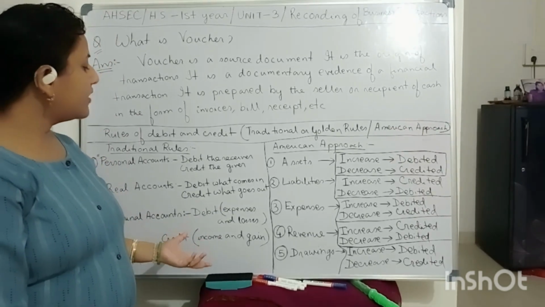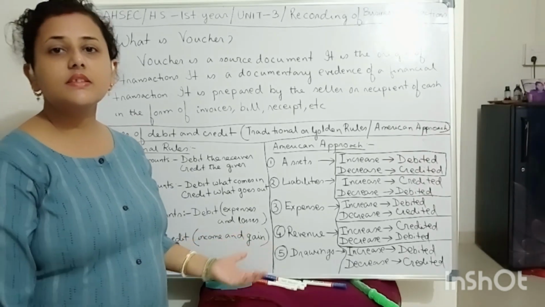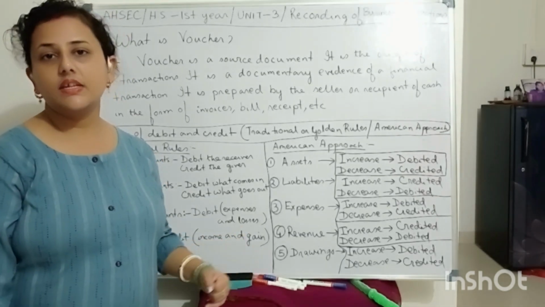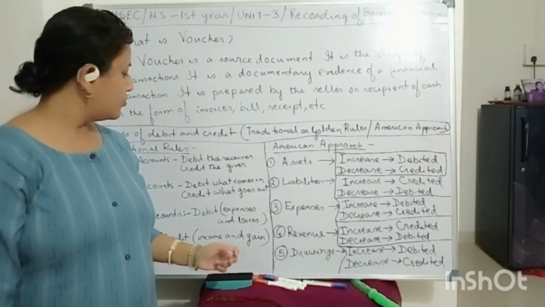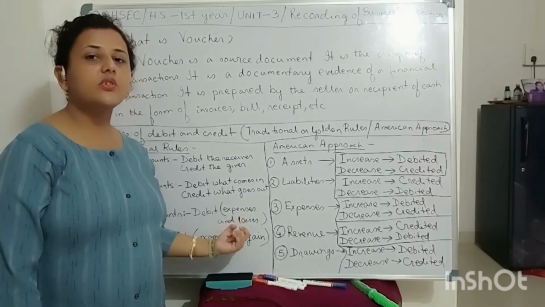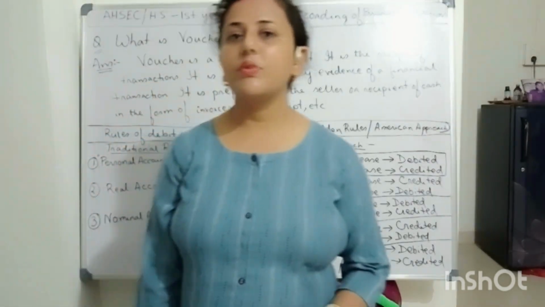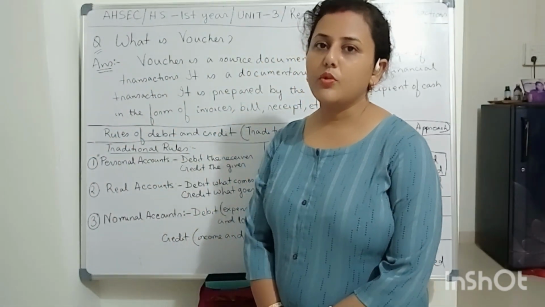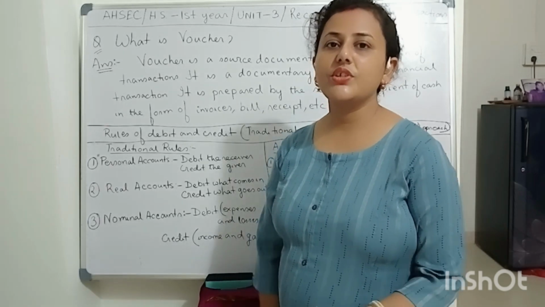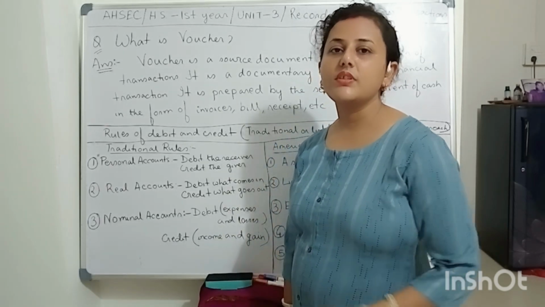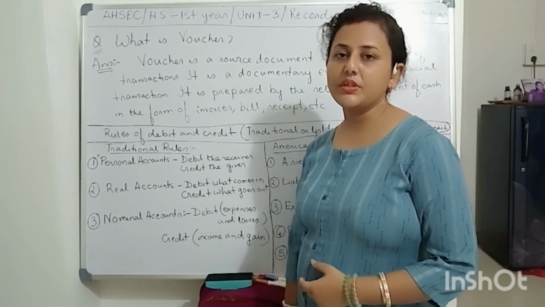And what is said in the third point, nominal accounts. Nominal accounts include all expenses and losses, incomes and gains. So debit all expenses and losses. What can be the expenses of a company? Rent, wages. So rent account is debited, wages account is debited.